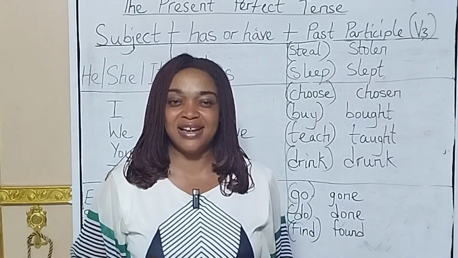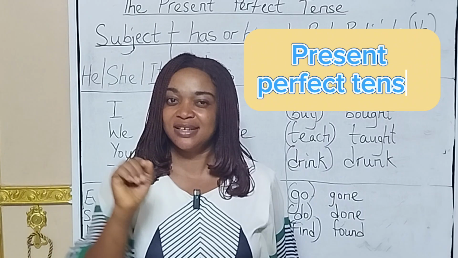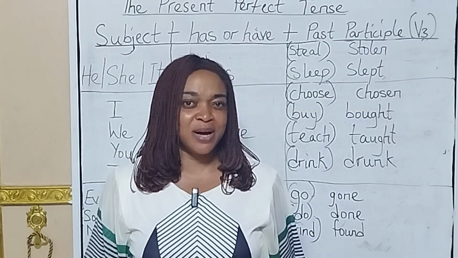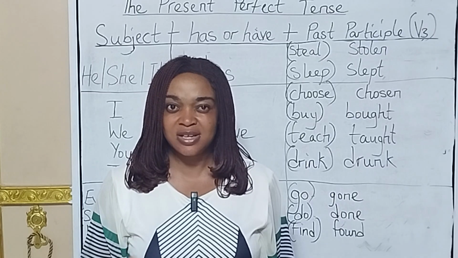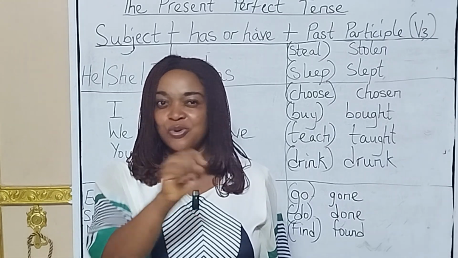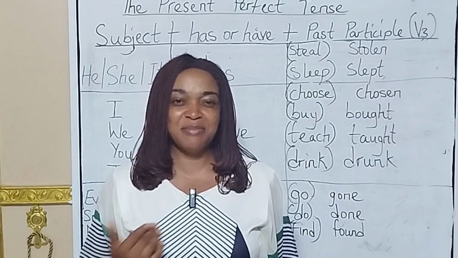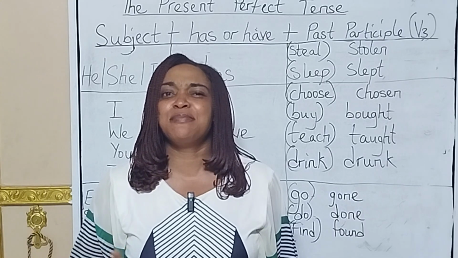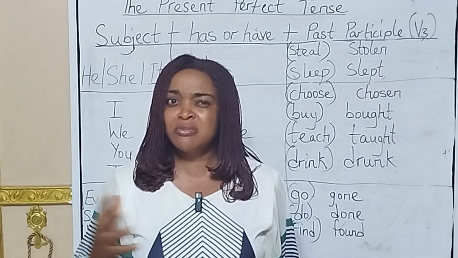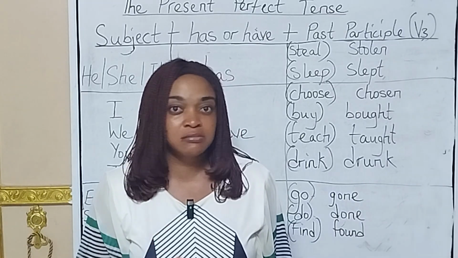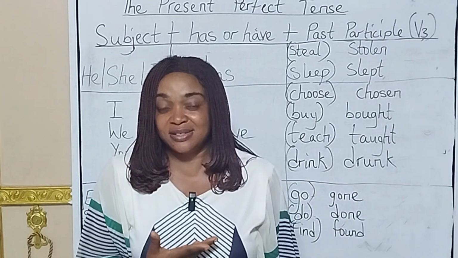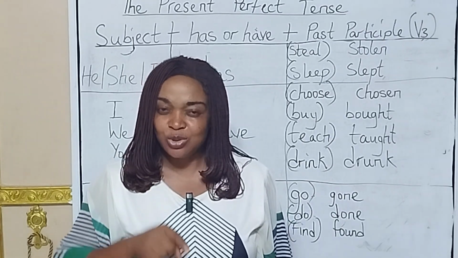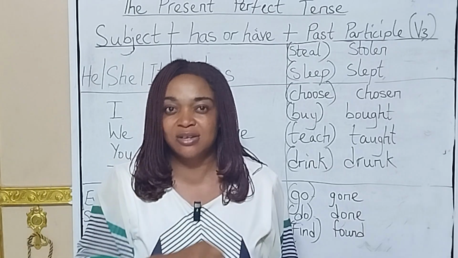Alright, straight to the lesson of the day. We want to look at the present perfect tense. And what is it all about? It is that tense that expresses past action that has present consequence. However, in my grammar class, I don't like boring people with so many definitions of tenses, because I am interested in your ability to express yourself in that particular tense.